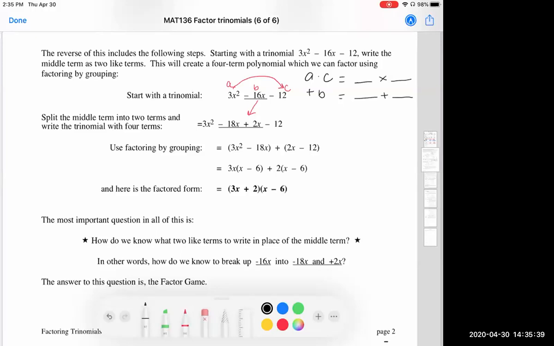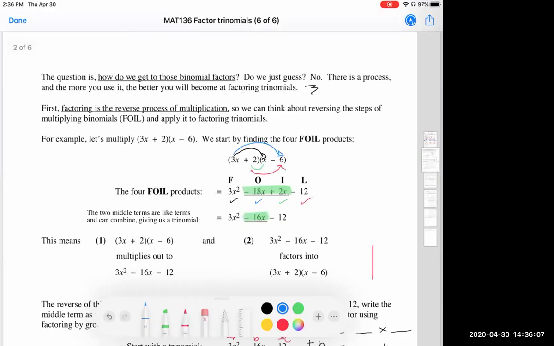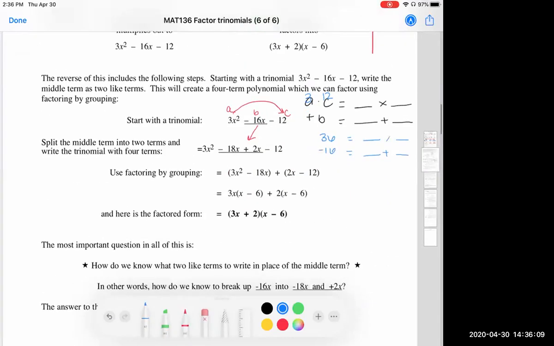Okay, well, A times C is 3 times negative 12. 3 times 12 is 36. Maybe I'll write it out so I don't just have letters. So what two numbers can I think of that multiply to give me negative 36, but add to give me negative 16?